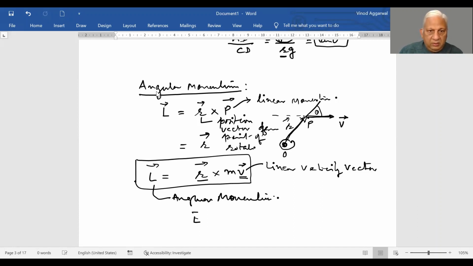So L becomes OP cross MV, which is the same as... and if we draw a perpendicular from here, and this point is A, then OP cross MV becomes AO cross MV, because AO absorbs the sine theta in the cross product.